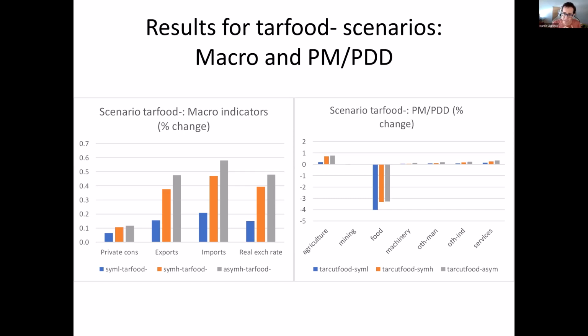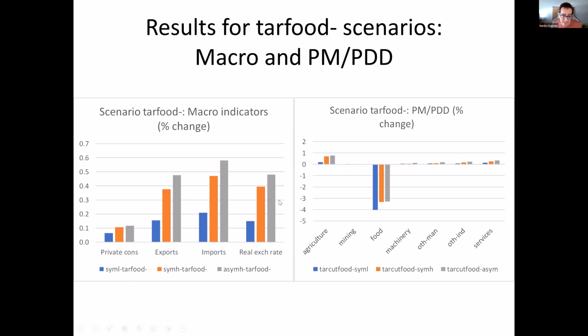Okay, so we eliminate the tariff, then there is a real exchange rate depreciation, and then we see that the relative price of food products goes down. For the other sectors, it goes up. In the case of mining, there is a small increase relative to the base.